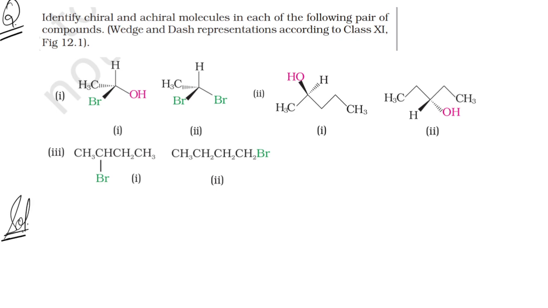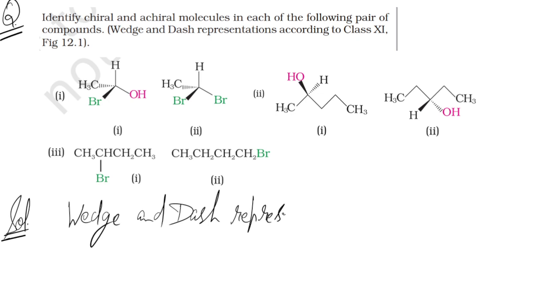In class 11th you studied how organic molecules are represented. Basically, we use the representation known as the wedge and dash representation. Quickly, let me remind you what it is.